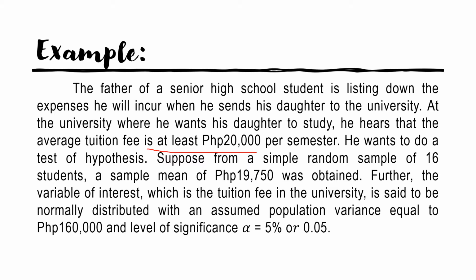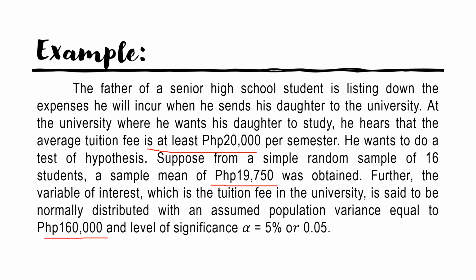He wants to do a test of hypothesis. Suppose from a simple random sample of 16 students, a sample mean of 19,750 was obtained. Further, the variable of interest, which is the tuition fee in the university, is said to be normally distributed with an assumed population variance equal to 160,000 pesos.